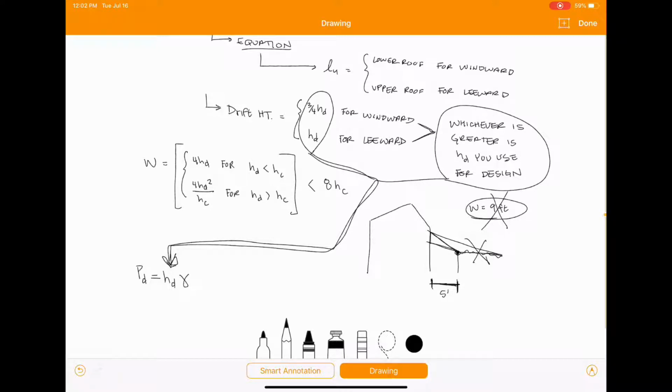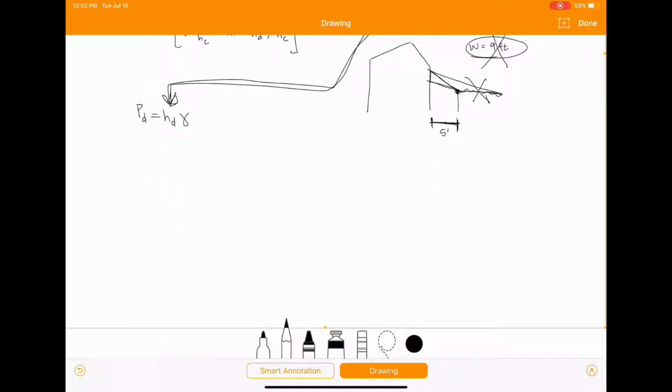And this gamma is your density of snow, which can be found in equation 7.7-1. And that says that gamma equals 0.13 pg plus 14. And it's important to note that that's never going to be greater than 30 pounds per cubic foot.